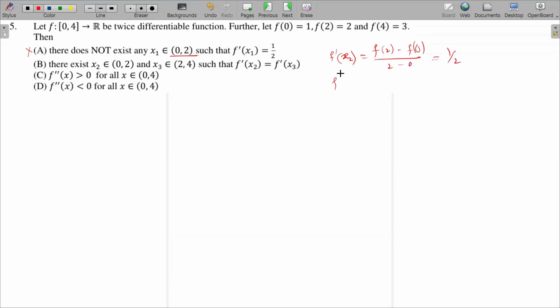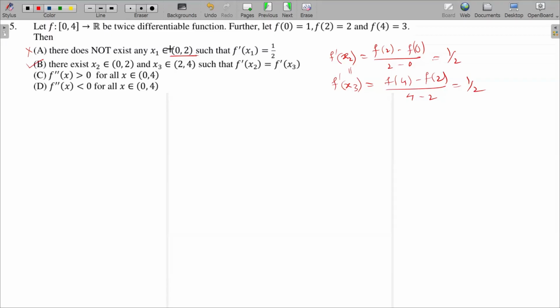And you also get f dash x3 between 2 and 4, such that this is f4 minus f2 upon 4 minus 2, that is again half. So there are two points, x2 and x3, such that these two are equal. So this is a correct choice.